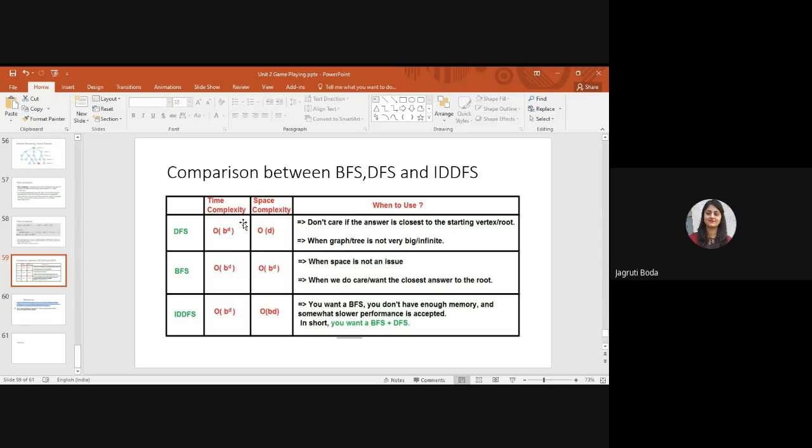There are five notations: big O, small o, big omega, small omega, and theta. So these are the terms used for finding the complexity.